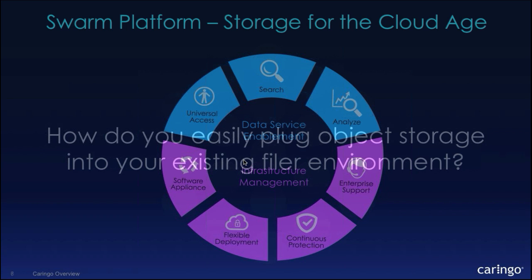On top there, you see data service enablement, and this is really how Swarm is different compared to other object storage solutions on the market. So you have universal access. We support, as I mentioned, just like a lot of other players, standard traditional storage protocols, and also the latest and greatest cloud protocols like the Amazon S3 API.